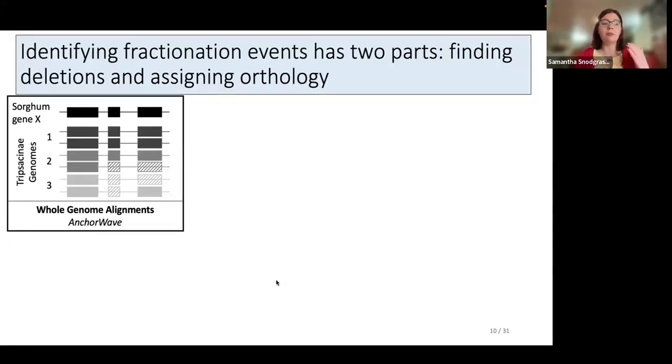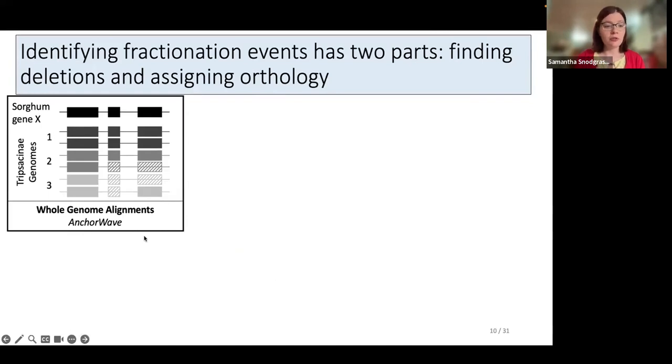So to get at this objective, we first have to be able to identify fractionation events. And this really has two parts. The first part is we have to identify deletions. And we get at this using whole genome alignments using AnchorWave.